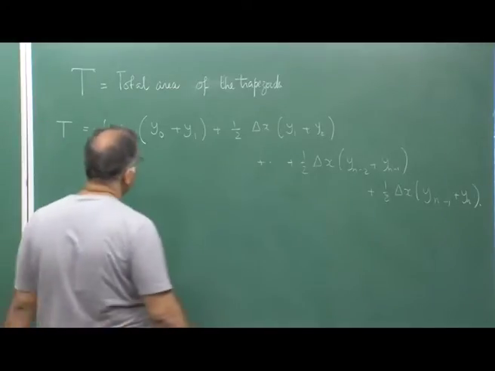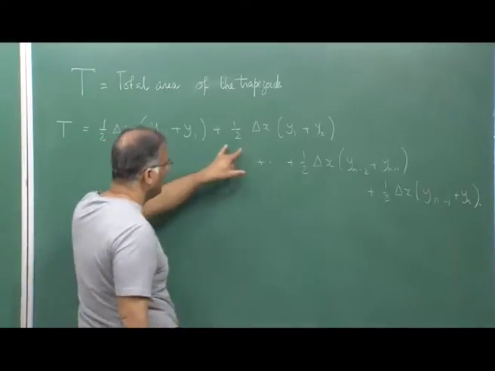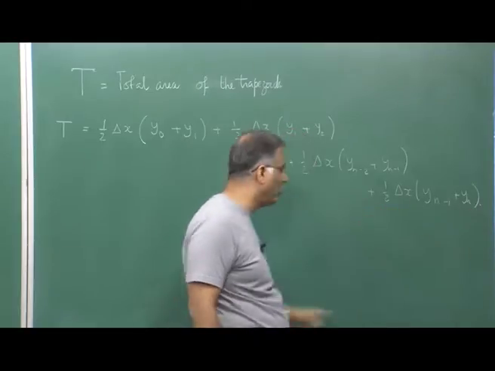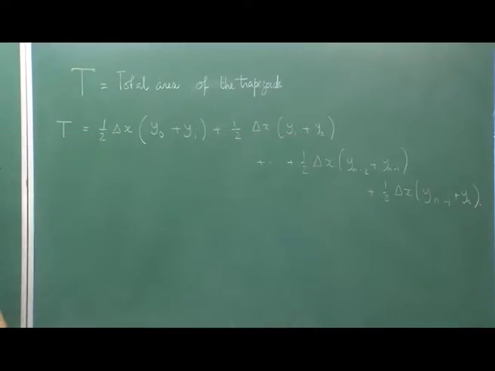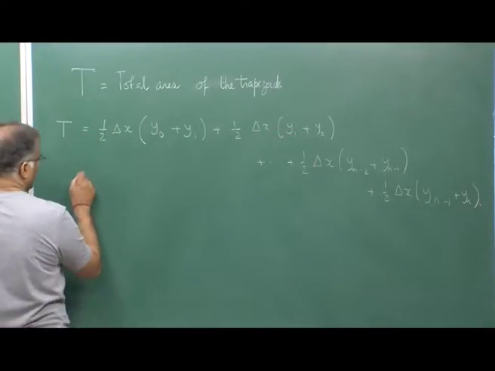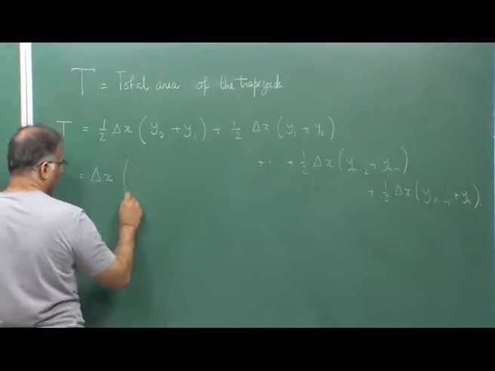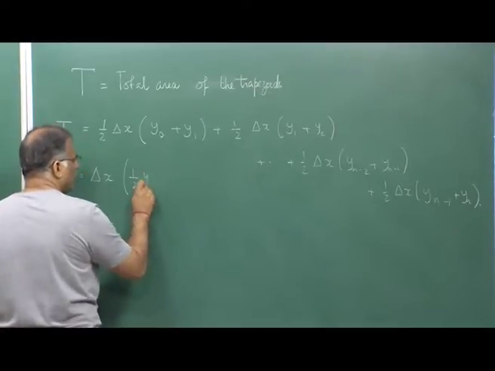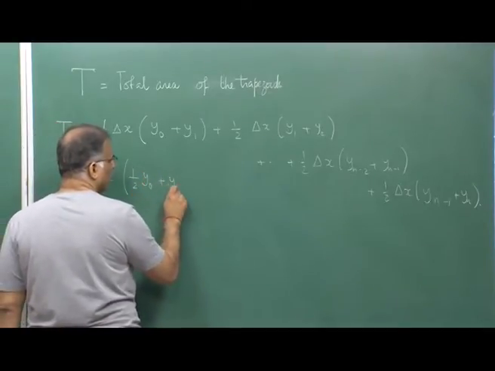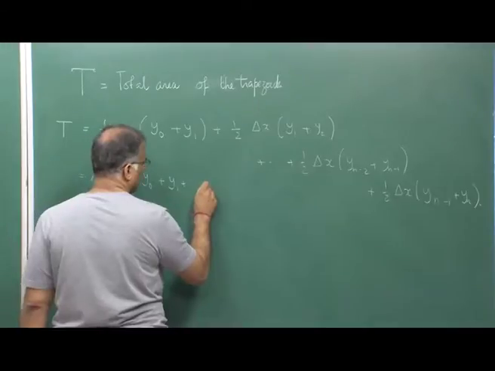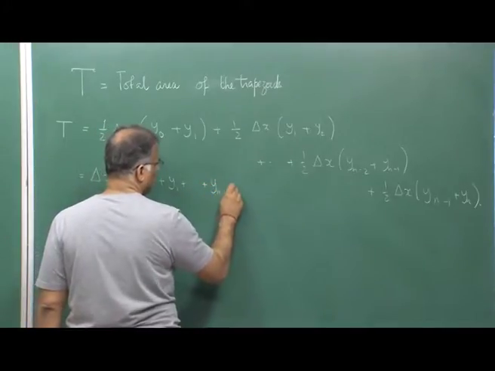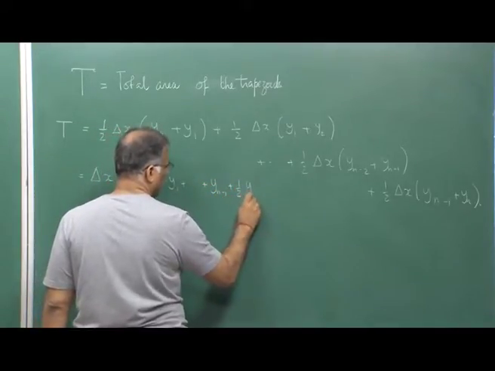Now, if I sum them up, you see all of these halves add up except at the end points y0 and yn. So, I have delta x into half of y0 plus y1 and so on, it is a neat formula, plus yn minus 1 plus half of yn.